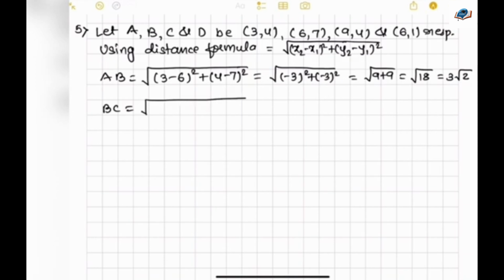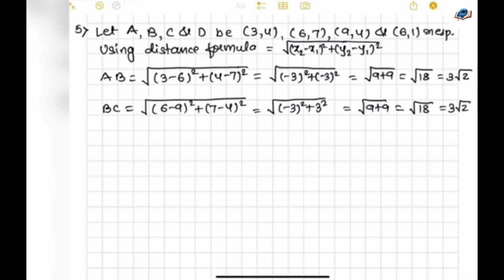Now BC will be equal to 6 minus 9 whole square plus 7 minus 4 whole square. So that will be minus 3 whole square plus 3 whole square. So that will be 9 plus 9, so root 18, so 3 root 2.